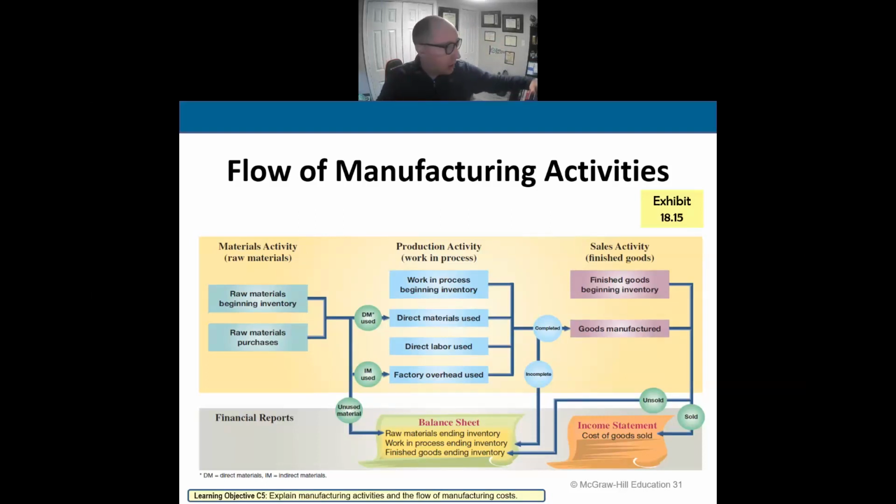The beginning part is I took the metal. I took the engine parts. I took the rubber out of raw materials. I put it into work in process. Now I'm going to start making the products. Start making the cars. Starts on the beginning of the assembly line. I got some employees.